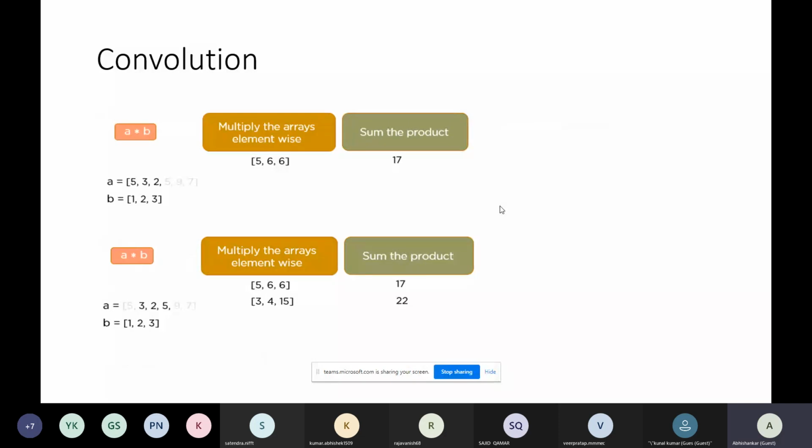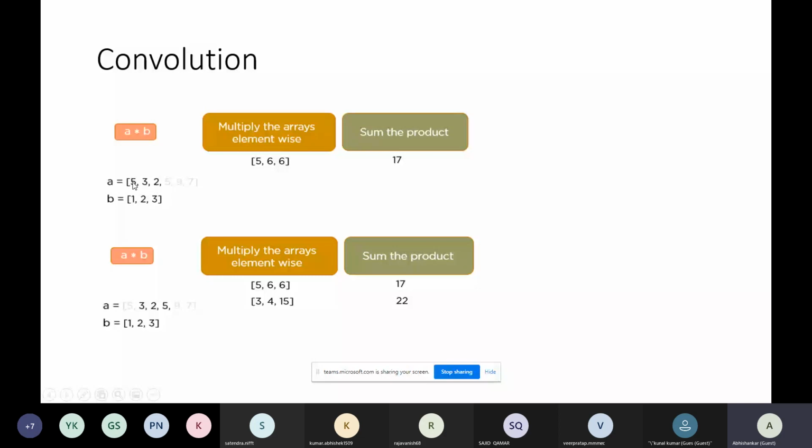So how are we going to do this? First, A has 6 elements, and you have to convolve A with B. A is going to multiply element-wise with B. A has 6 elements, but B has 3. So what happens first? It will multiply with the first 3 elements.